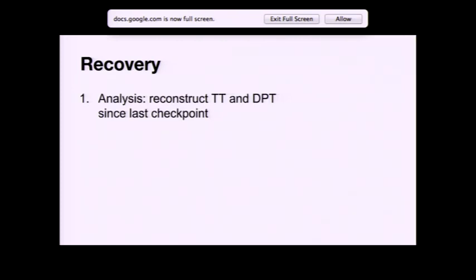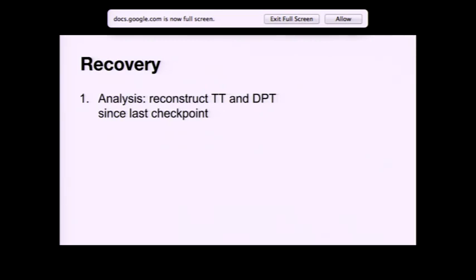The first one is analysis. The first thing we need to do is reconstruct the transaction table and the dirty page table. Like I said before, we use checkpointing to make recovery a little bit shorter for us, and this is where that comes in. So we reconstruct these 2 tables using the data that we had starting at the last checkpoint.